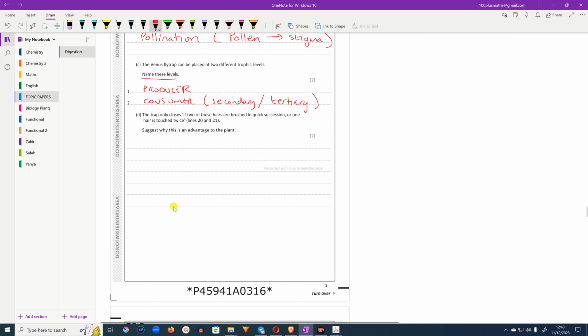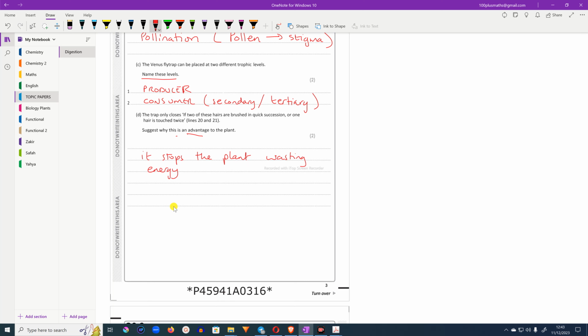Right. The trap closes if 2 of these hairs are brushed in quick succession, or 1 hair is touched twice. Why is this an advantage? So what happens is it stops the plant wasting energy.